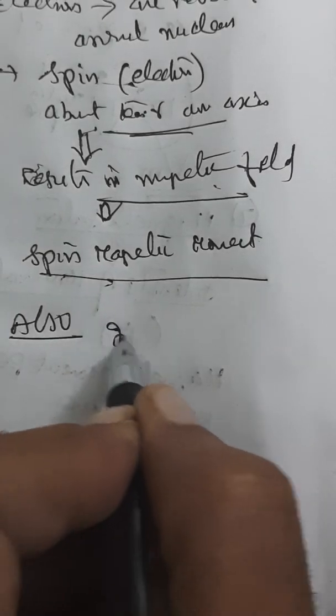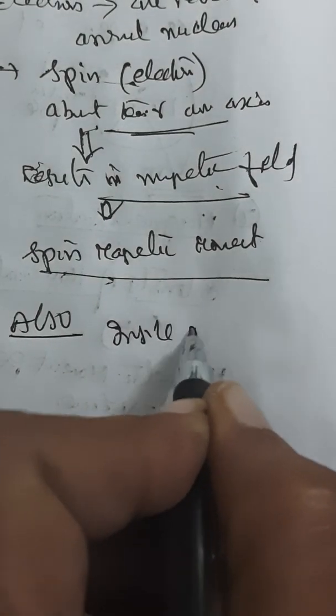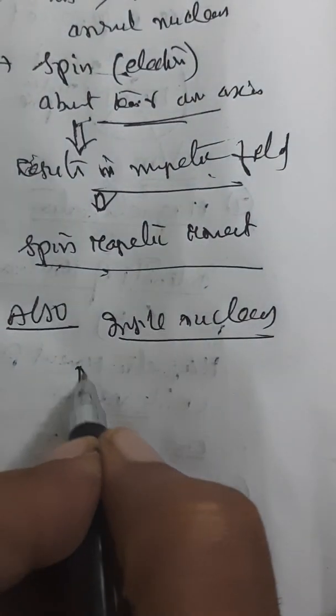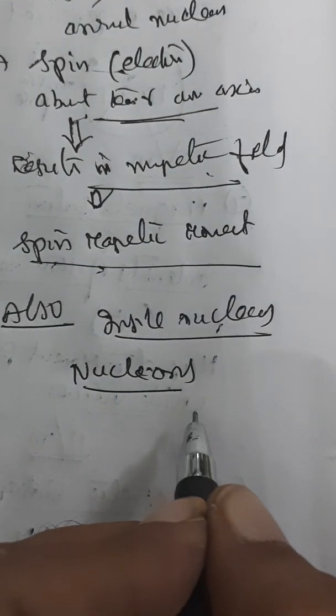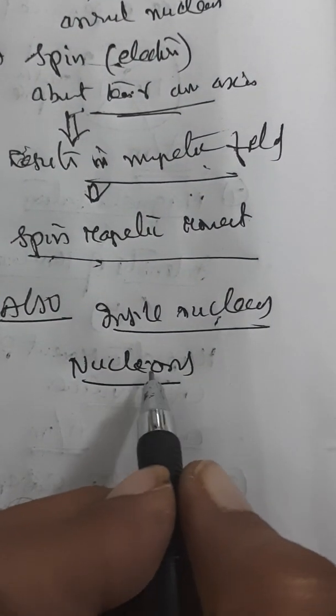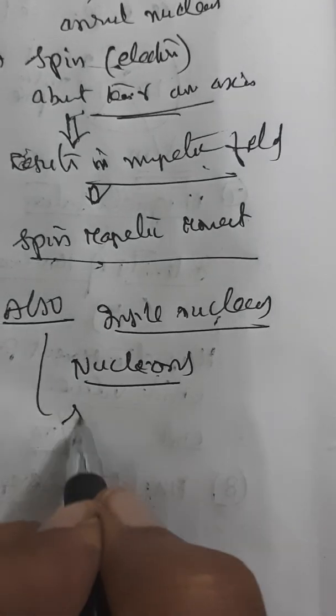And another interesting thing is happening also inside the nucleus. If you take, what is inside the nucleus? Inside the nucleus you have nucleons. Protons and neutrons are there. These nucleons also spin.